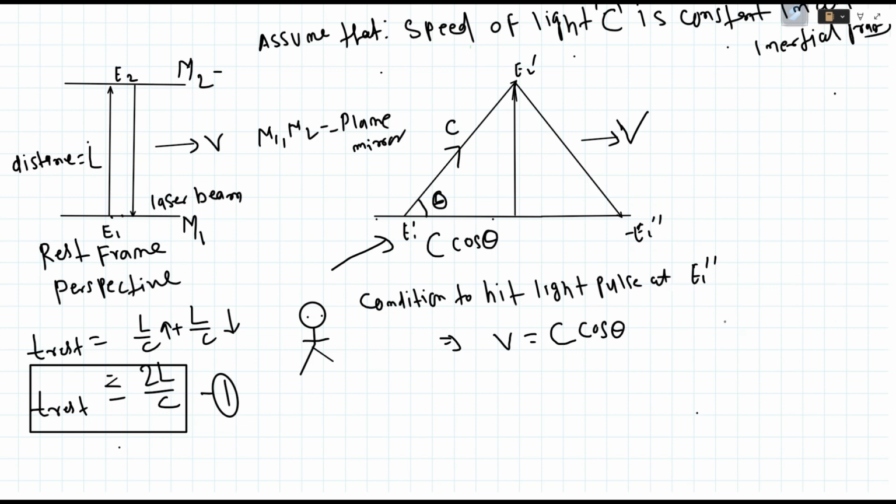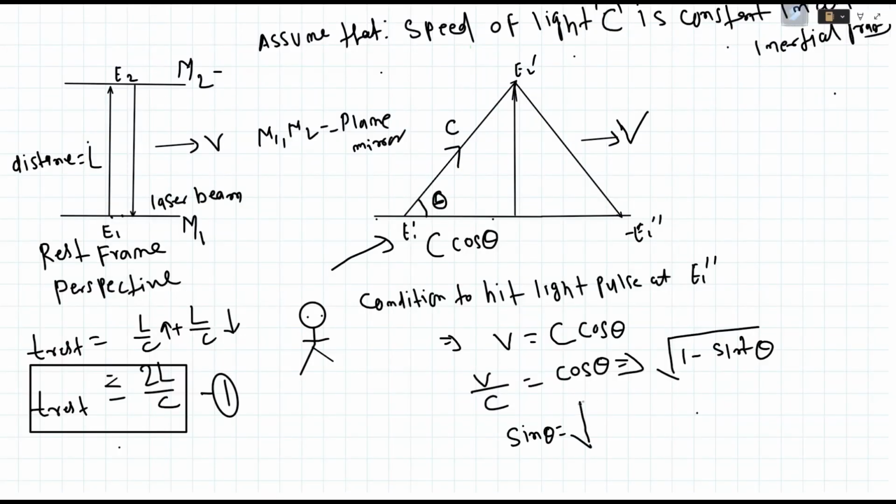So from there you can write V by c equal to cos theta, and similarly sin theta equals the square root of 1 minus v square by c square. Call it equation 2.